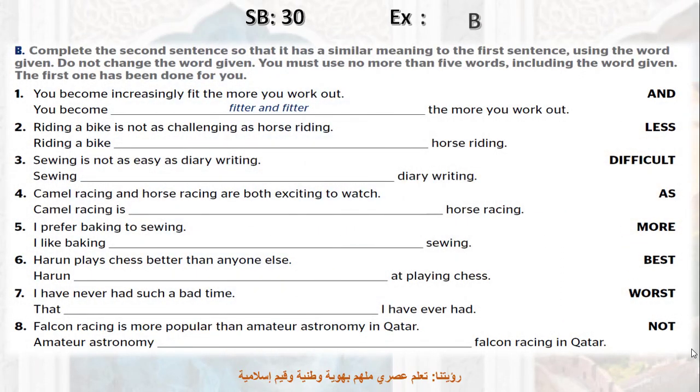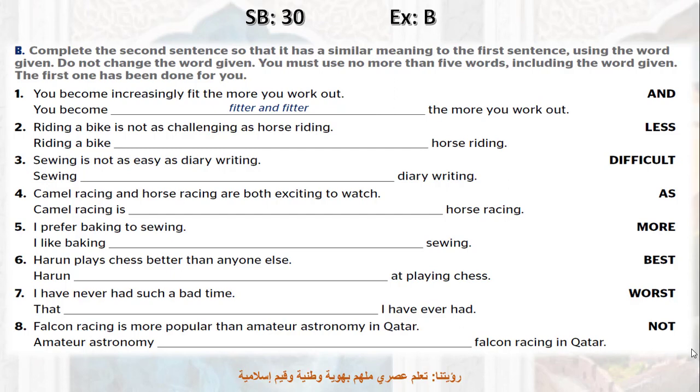Okay, now students book, page 30, exercise B. Complete the second sentences so that it has a similar meaning to the first sentence, using the word given. Don't change the word given. You must use no more than 5 words, including the word given.